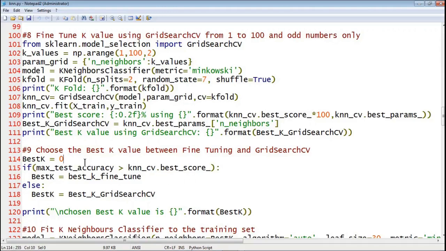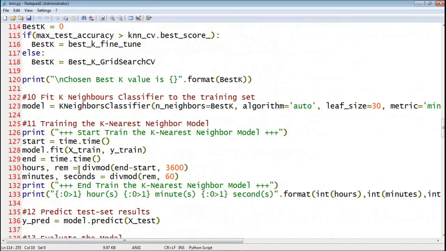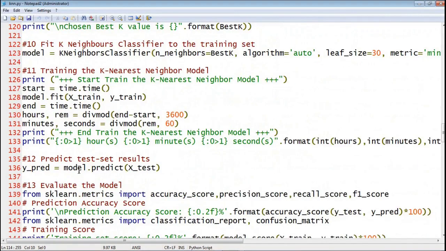At lines 114 to 120, it chooses the best k value between the fine-tuning and the grid search CV. At line number 123, it fits the K-Nearest classifier to the training data set.